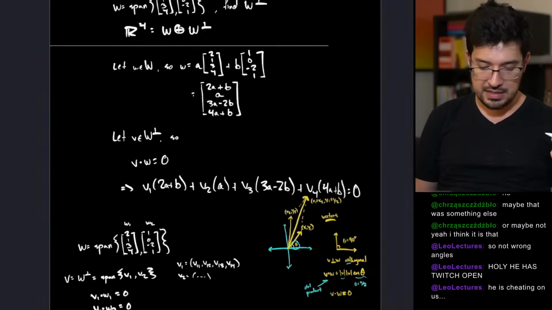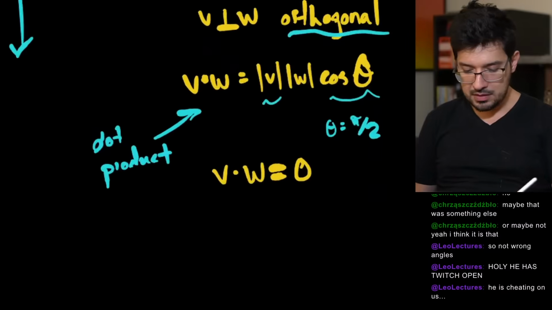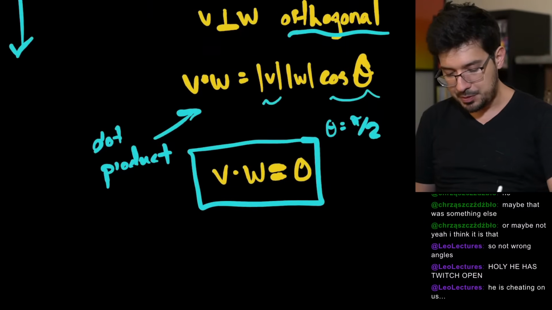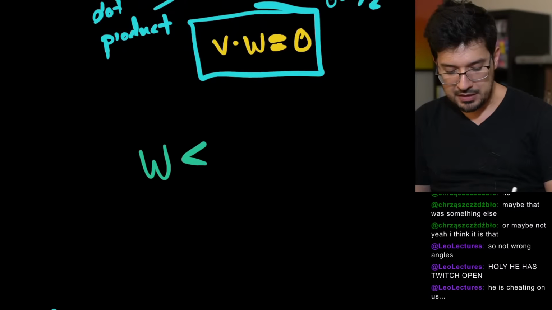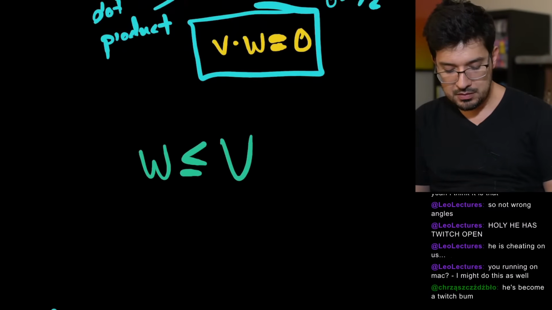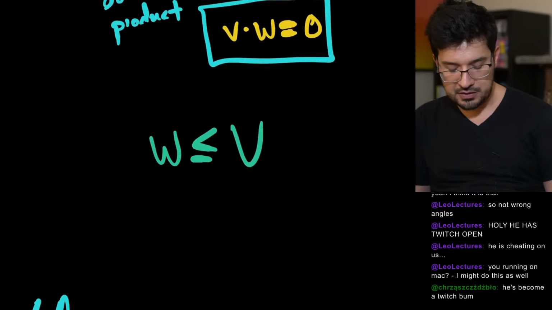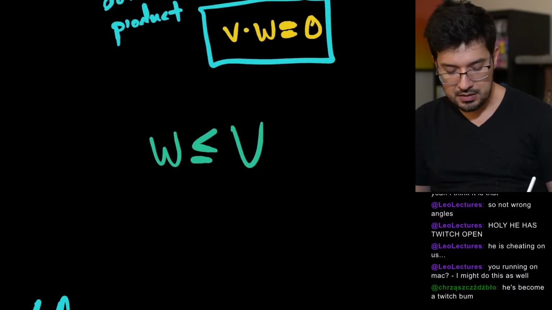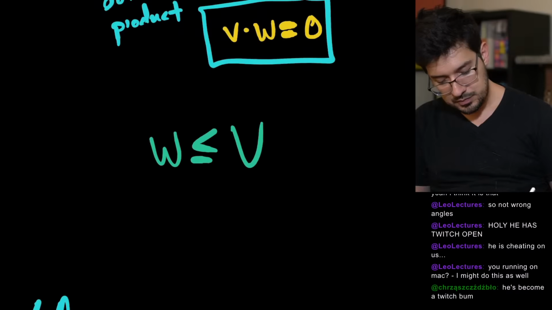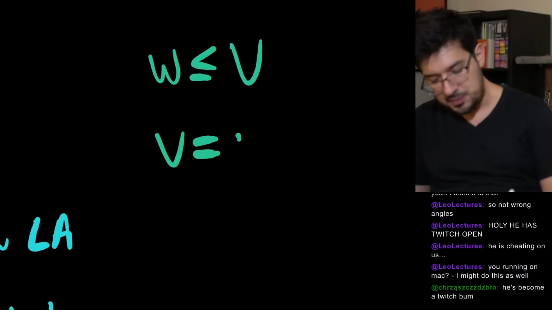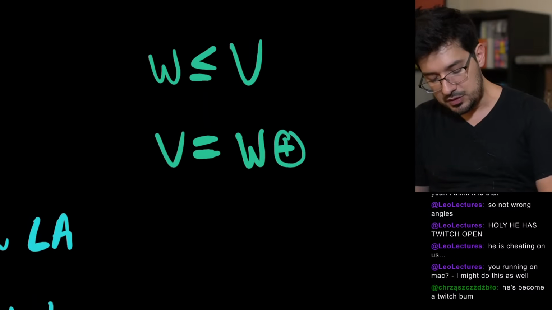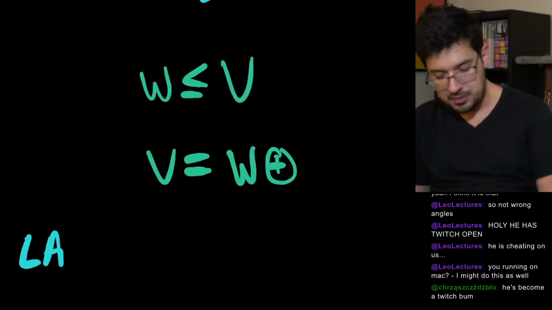Yeah, so these problems right now, they're beginning with this property. Then if you have a subspace of a vector space, then your vector space is a direct sum of W and W perp.